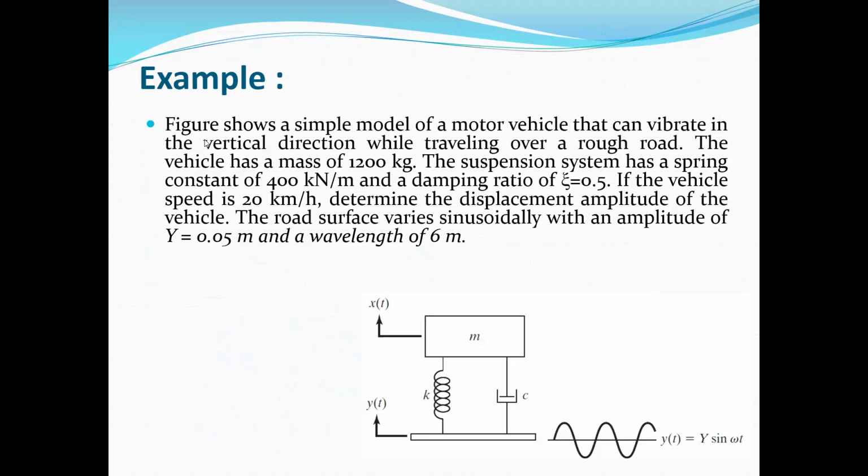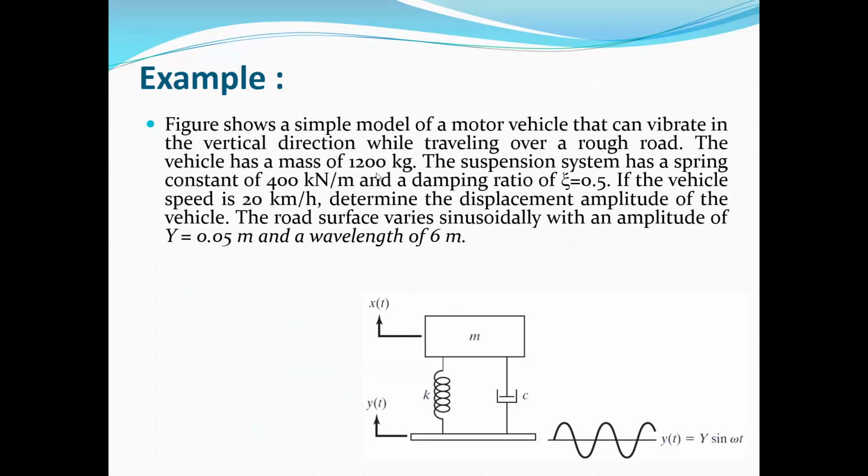Okay, we continue with some examples. The figure shows a simple model of a motor vehicle that can vibrate in the vertical direction while traveling over a rough road. The vehicle has a mass of 1,200 kilograms, or 1.2 ton.